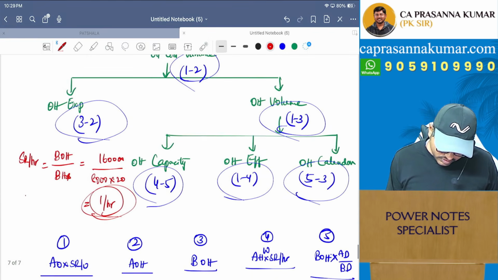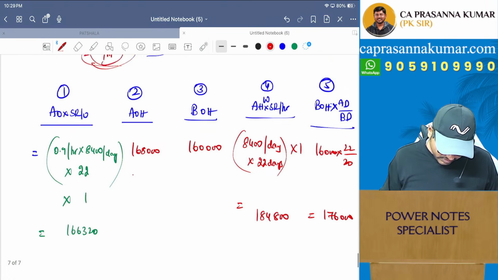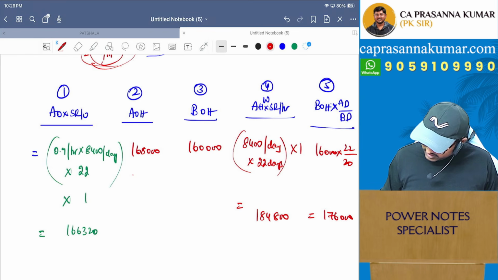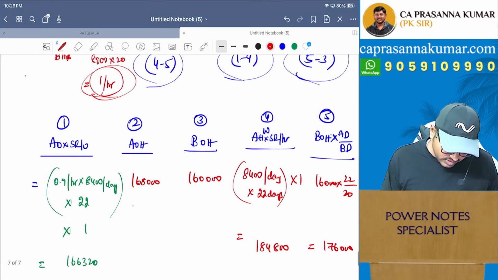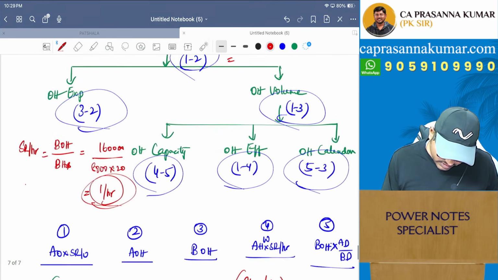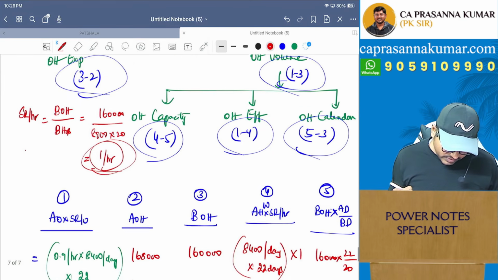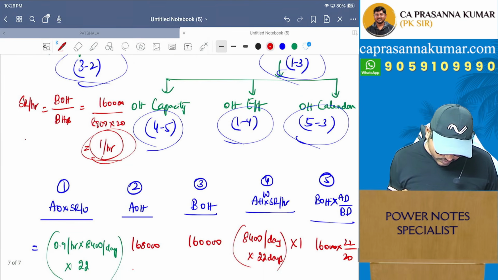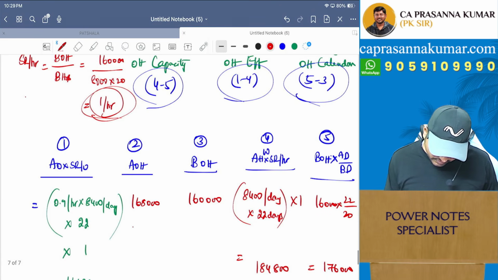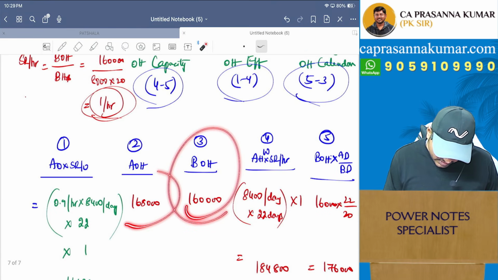So overhead cost variance, 1 minus 2. 1,60,000 minus 1,68,000, 8,000 adverse. Next, overhead expenditure variance, 3 minus 2. 1,60,000 minus 1,68,000.